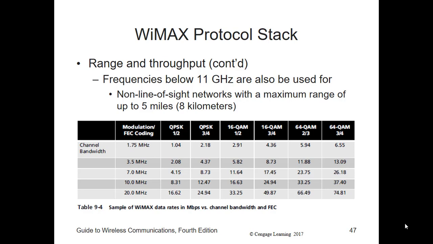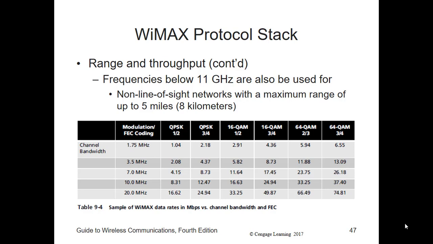Now, as we already talked about, the maximum achievable data rates in WiMAX depend on the modulation, the channel bandwidth, and the FEC coding that's being used. Here you can see a summary of some of the data rate combinations that are possible.